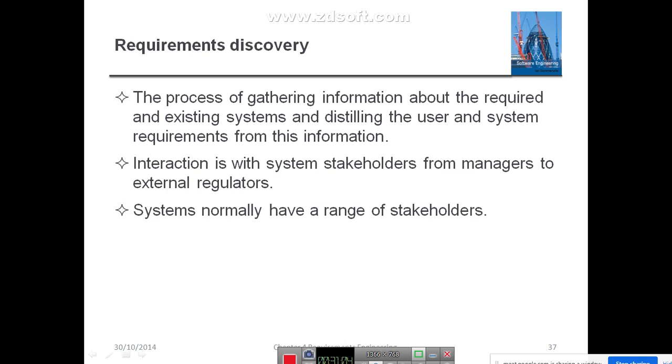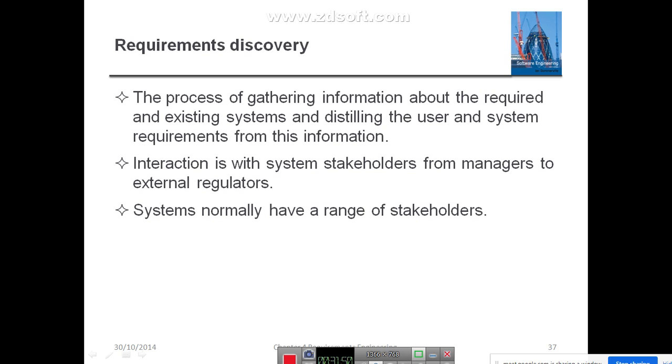Then the interaction is with the system stakeholders, from managers to the external regulators. As I already told, requirement discovery involves the technical staff, the customers or end users, engineers who do the maintenance, domain experts, trade unions, and managers.